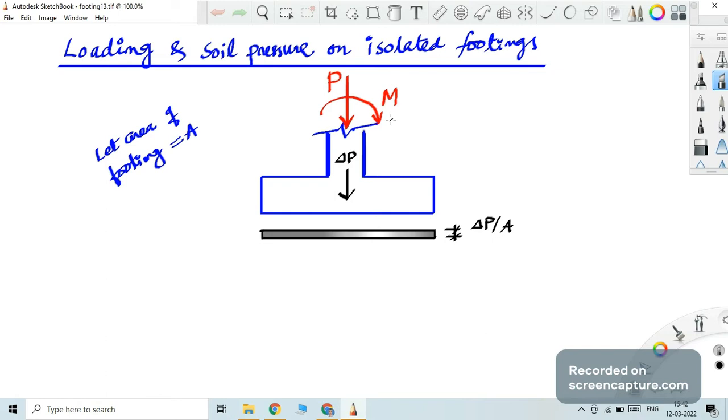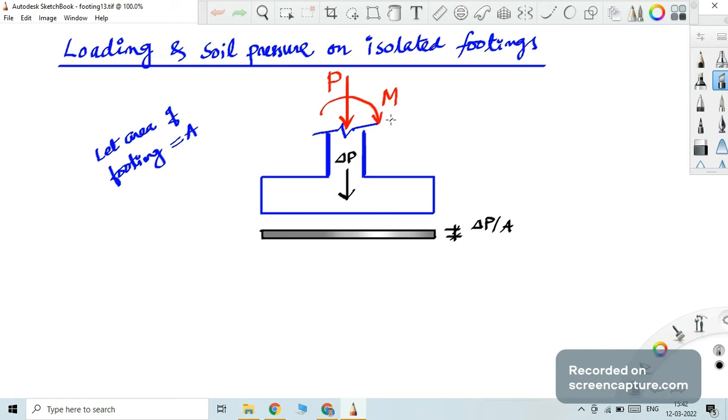Suppose A is the area of the footing. If you see in the plan, you can see length and breadth, rectangular if it is breadth and length, square if it is breadth and breadth. Multiply these two quantities, you are going to get the area of the footing. So delta P by A is the pressure exerted by delta P on the soil.